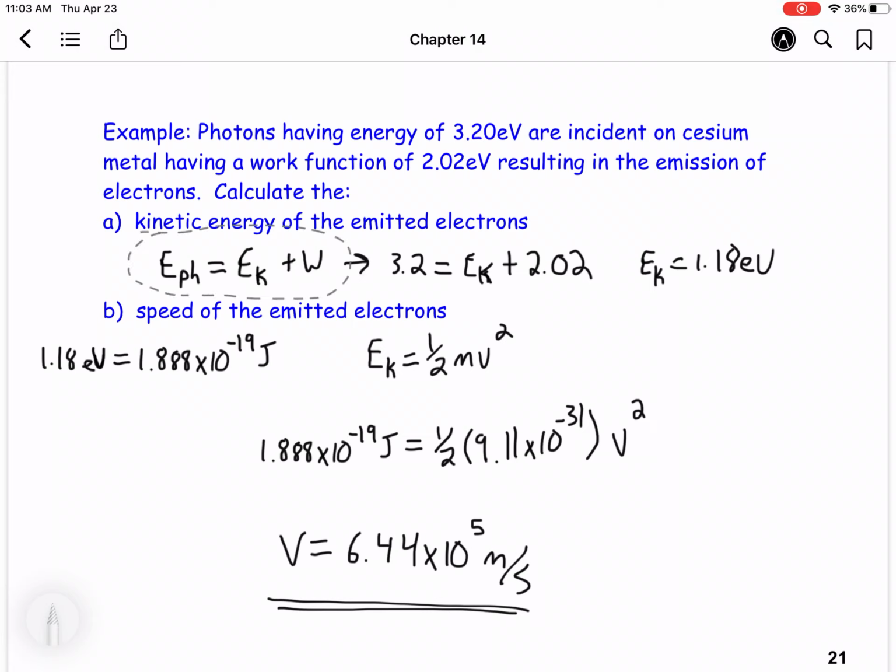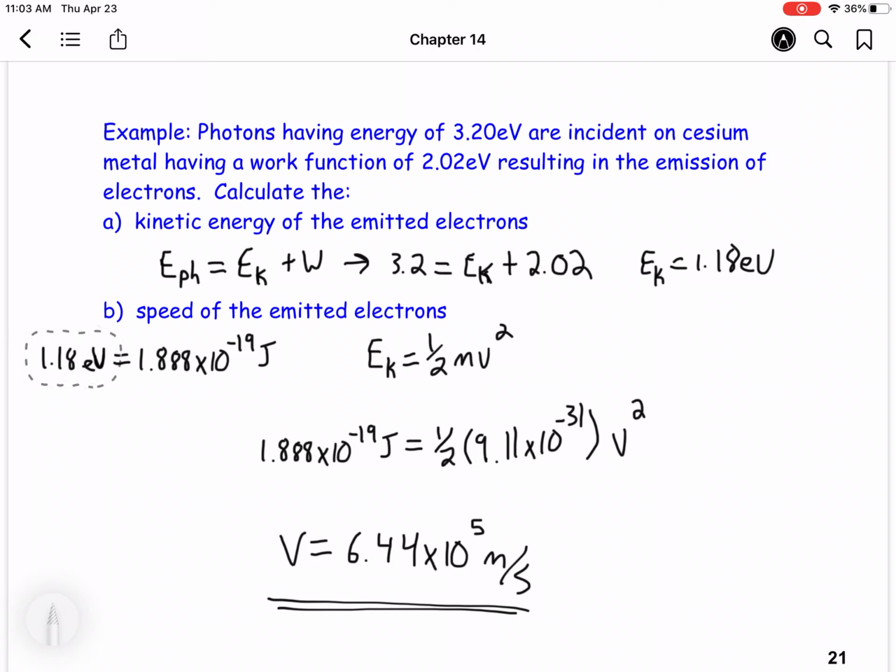I just put EPH, can't put EP because that's potential. So EPH is equal to the EK of the electron plus the work. That's the equation. This is not in your formula sheet, so you do have to memorize this. I put those numbers in, and I get EK equals 1.18 electron volts. So I've got 1.18 electron volts as how much energy they have.